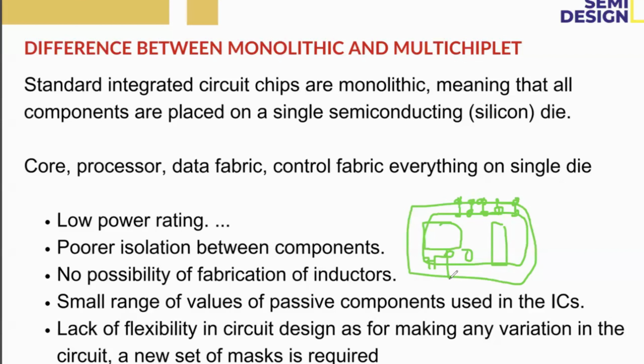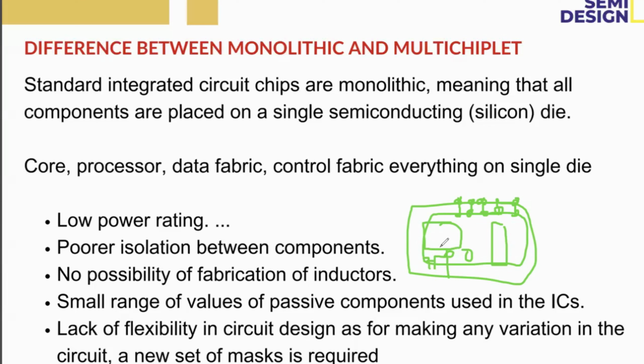Another main disadvantage is that both the digital blocks and the analog blocks will be connected here only. Digital blocks, whether a processor, a memory block, or an NBIO or SBIO, and analog components like capacitors, diodes, and resistors, everything will be on the motherboard. Whenever both analog and digital are connected, noise is coupled between the blocks.